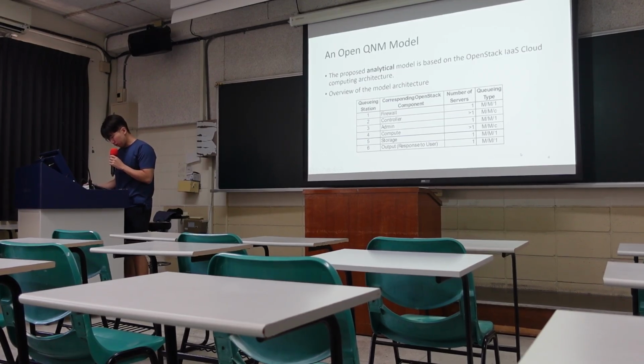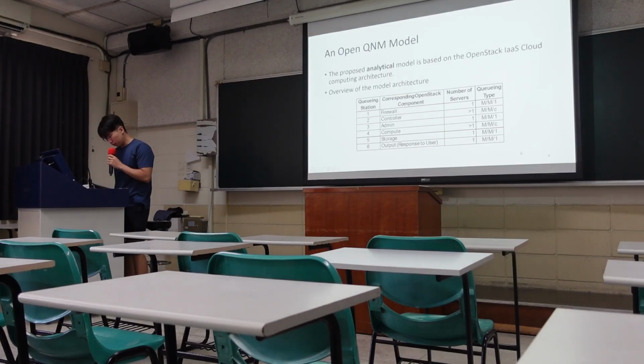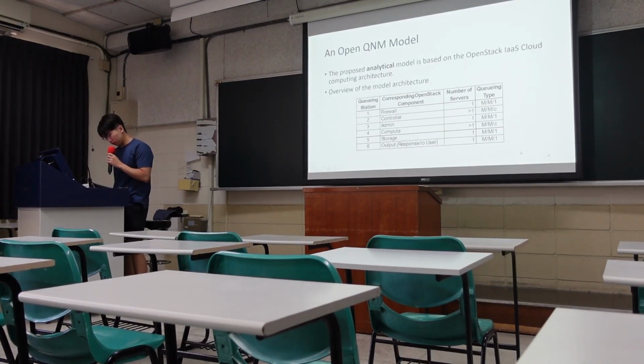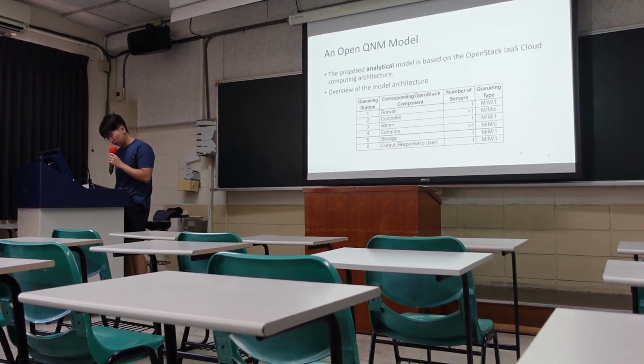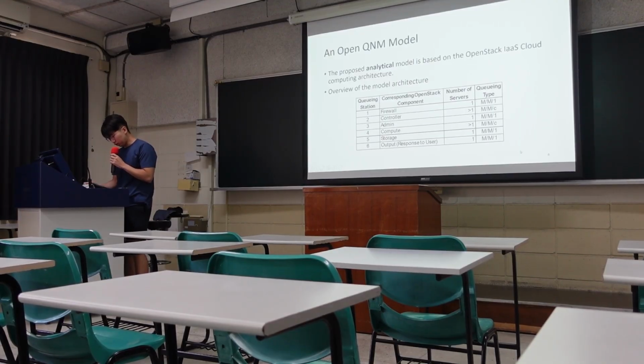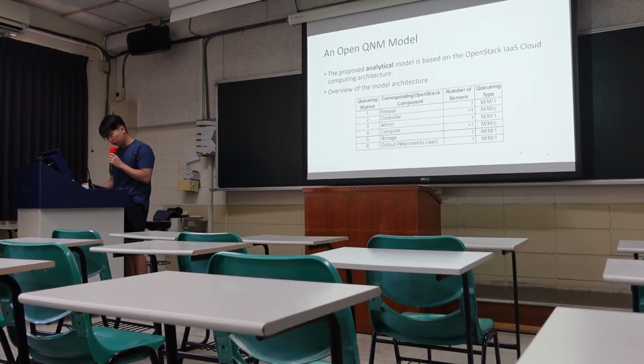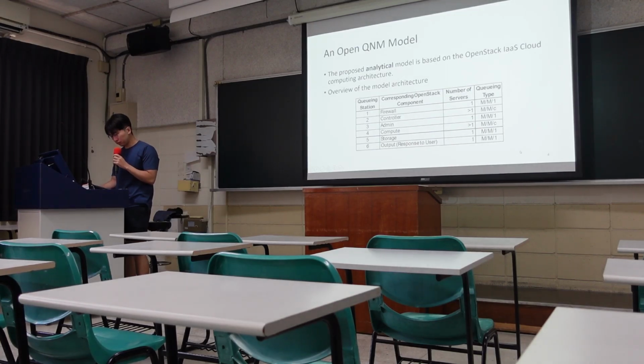The model simulates the request processing flow in a system consisting of the following components, each corresponding to a queuing station. The table outlines the characteristics of each station in the queuing network. Then I introduce the model flow.